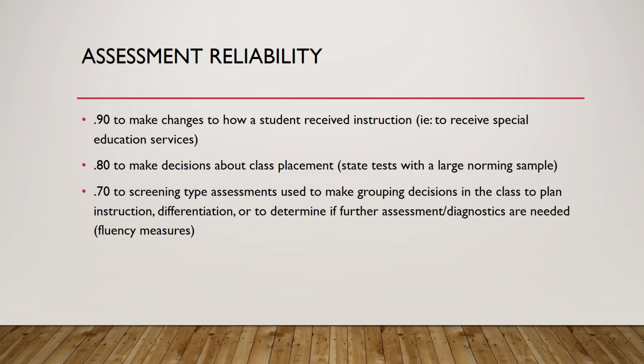Those types of assessments aren't going to qualify a student for special ed services, but they're going to show you that, for instance, in third grade, if a student is supposed to be reading 100 words per minute, but the student is reading 50, we know that there's a severe deficit in fluency, and we need to do some further diagnostics to see either what we need to plan for instruction or as part of a special ed qualification.